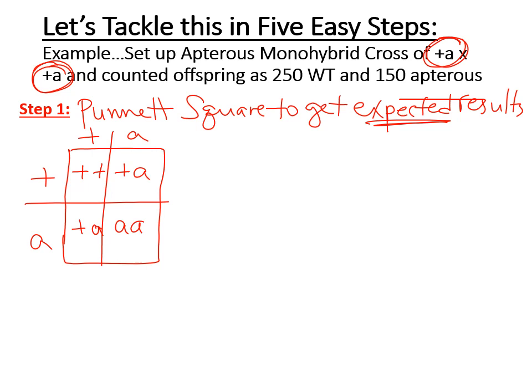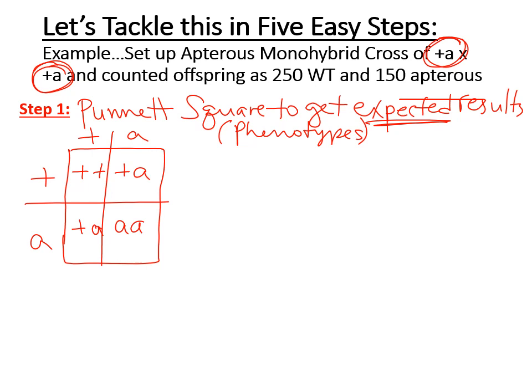Now keep in mind, when we talk about expected and observed results, we're talking about phenotypes. And you're already experts at knowing what phenotypes are. They're wild type, they're Apterus, and in other crosses, they're things like sepia, white-eyed, yellow-white mini. All of those are what we mean when we say phenotypes.